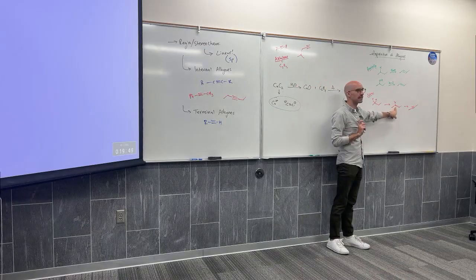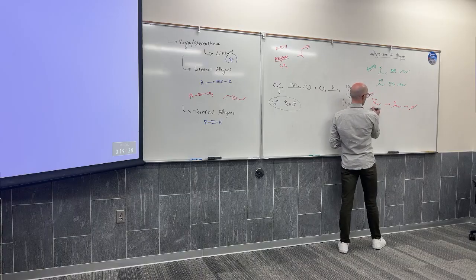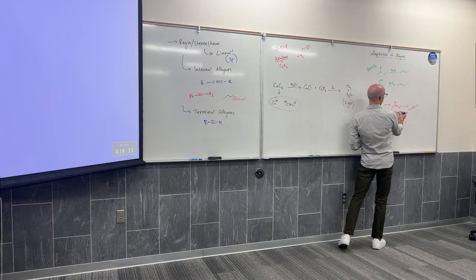It needs to be a vinyl halide. There needs to be a halogen connected to the alkene. This is a dihalide, a dialkyl halide, but this is a vinyl halide.